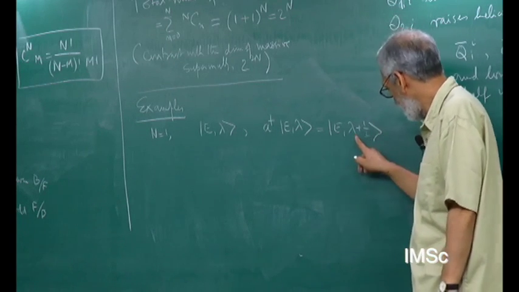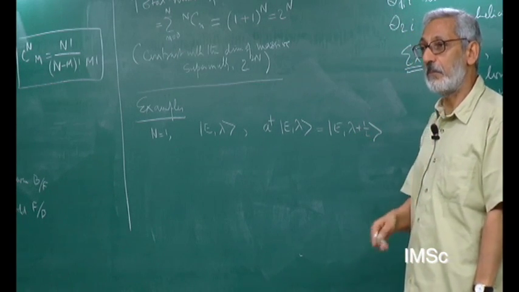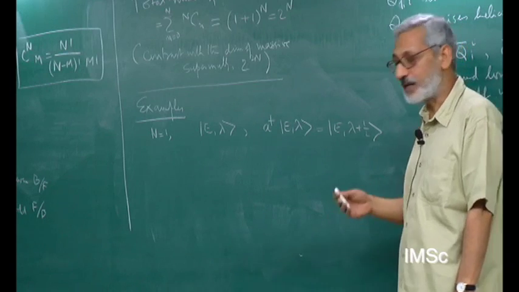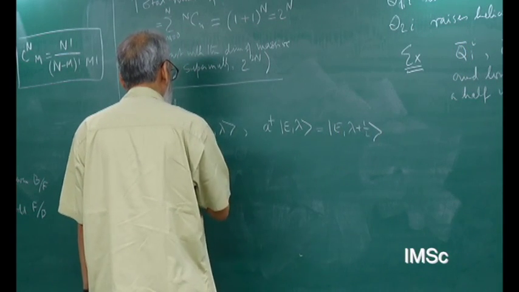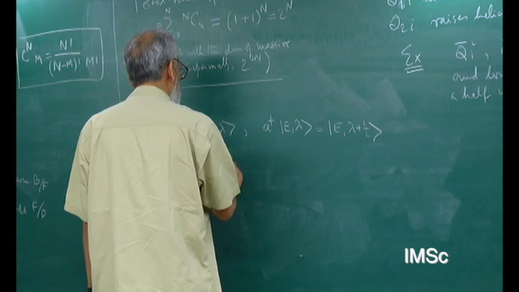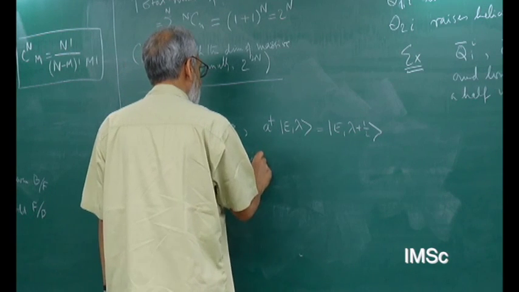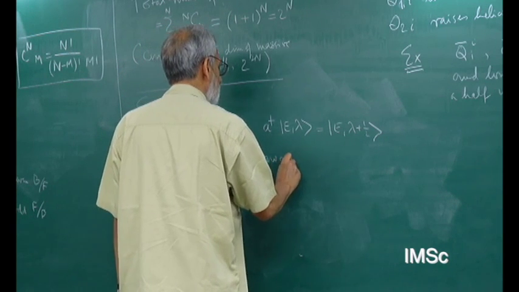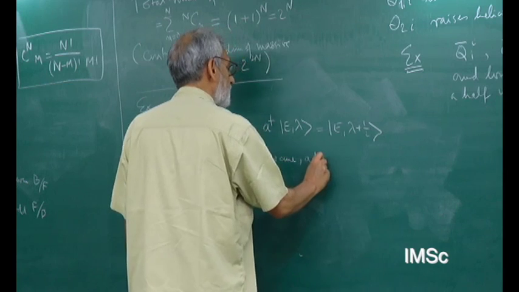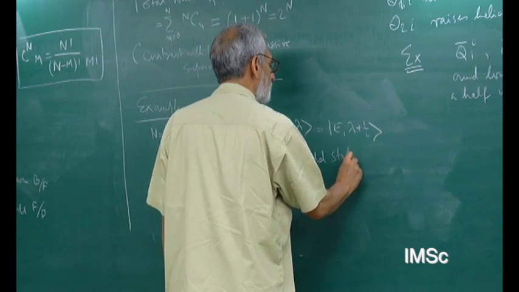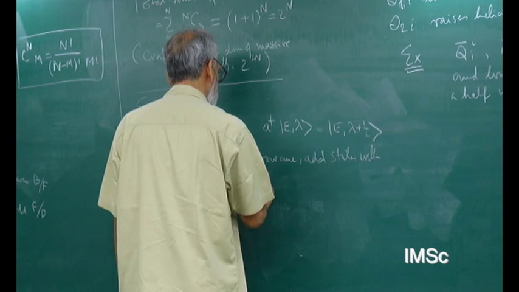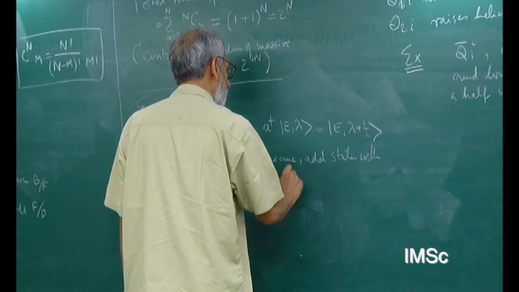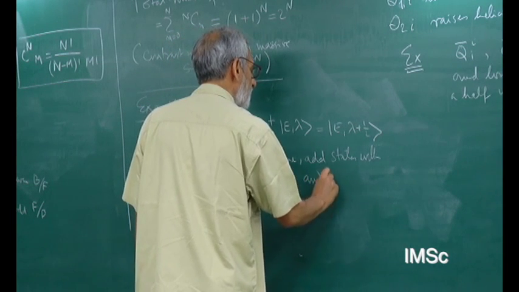And lambda plus half, it should also have had minus lambda plus half. So for CPT invariance, we add states with helicity minus lambda and minus lambda plus half.